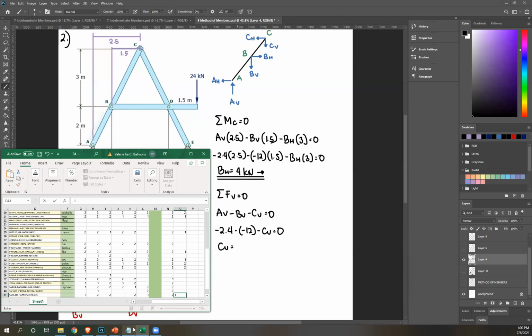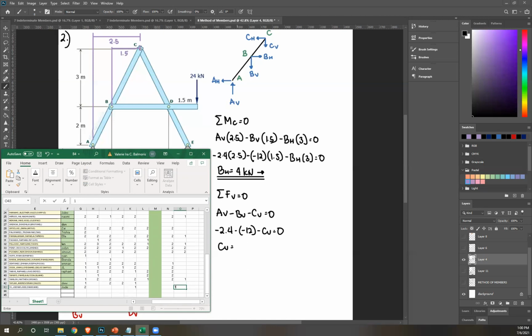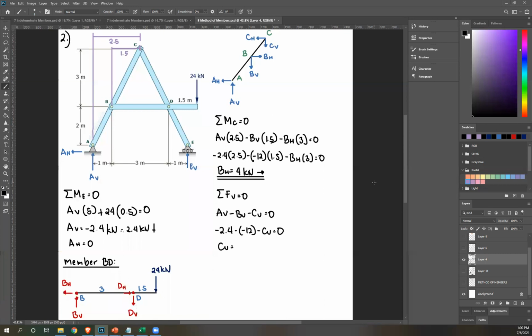And so the next person. It's positive 9.6. Okay, positive, because you're gonna transpose that here, then this is positive 9.6 kilonewton. Therefore, correct assumption, it is indeed downward. Okay, and that's your second answer.